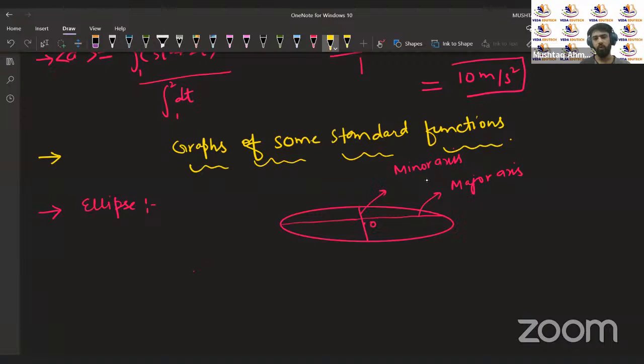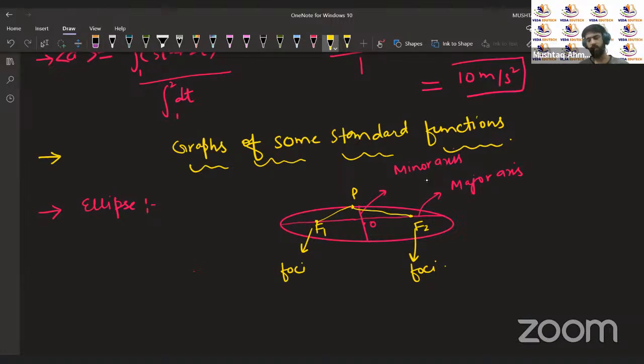There are two fixed points in an ellipse, let's call this F1, this is F2, and these fixed points we call as foci. And suppose we have any point P on this trajectory, that's the ellipse, and if we calculate the sum of distances from these two fixed points that we call foci for any point, it's a constant.